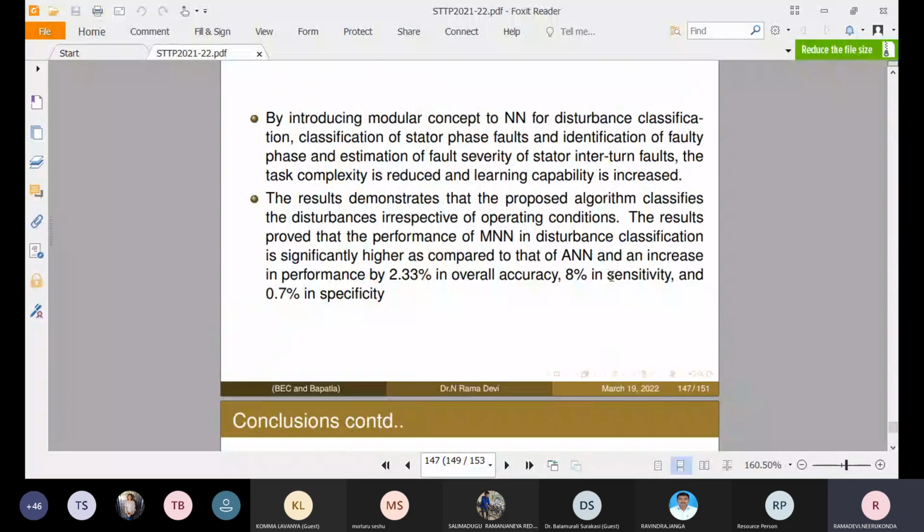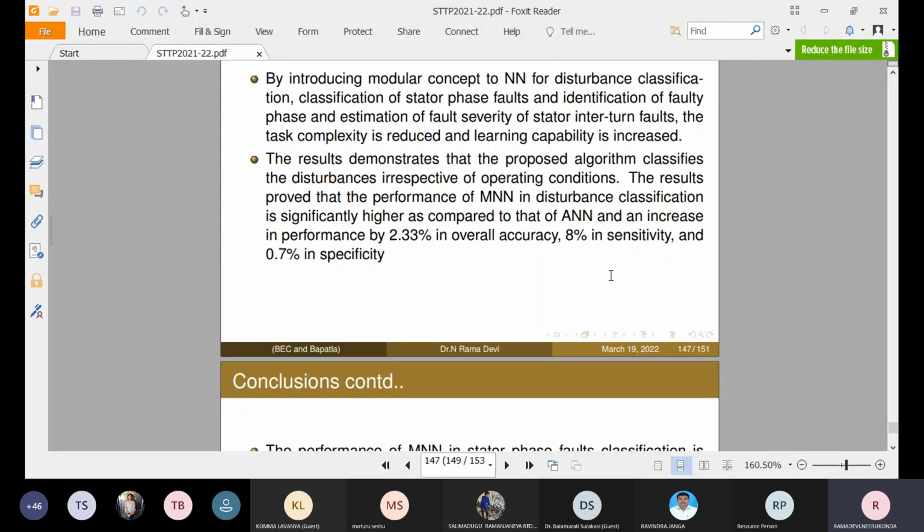So by introducing the modular concept to the neural network, classification of disturbances and identification of stator faults and their severity levels is identified accurately even when the system is complex.